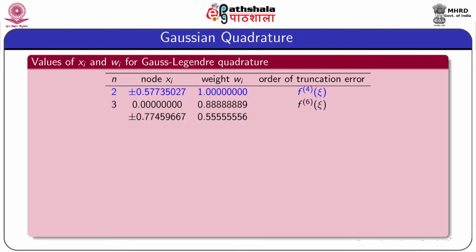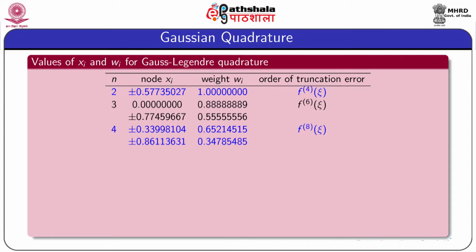And for n equal to 3, the nodes and weights are given by these values, and the truncation error is the 6th derivative of f at xi. That means the 3-point Gauss-Legendre quadrature formula gives the exact result for polynomials up to degree 5.